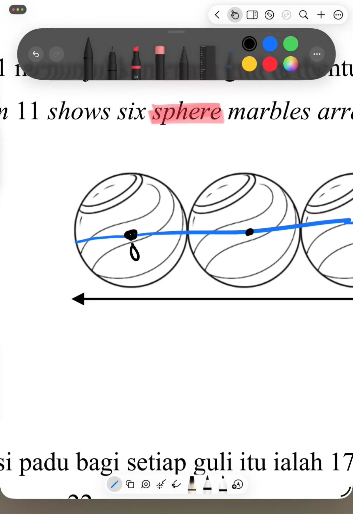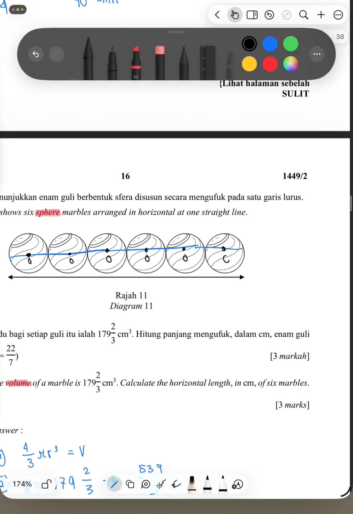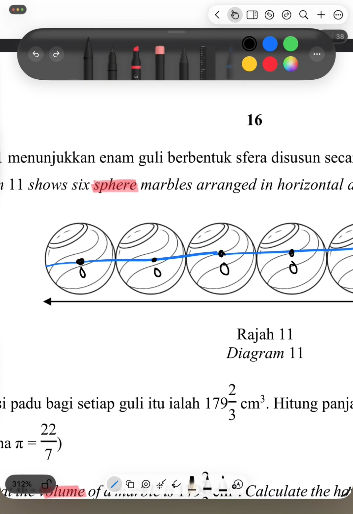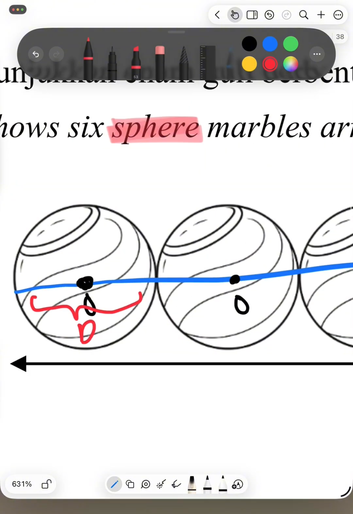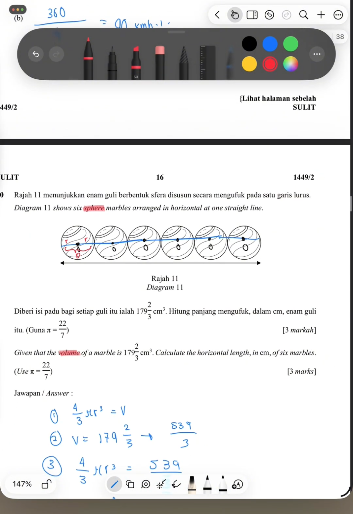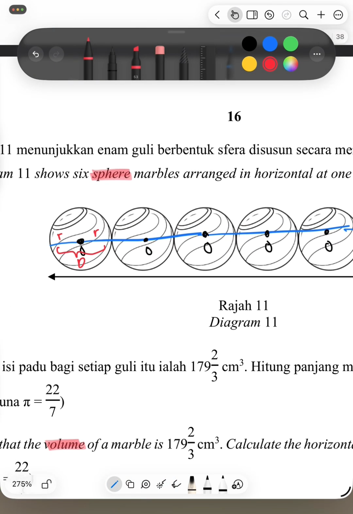Okay, I'm just going to make this as our center. This whole length is the total diameter of these spheres. And diameter is this whole thing. What we found was only the radius, meaning it's this. So we need to take radius times 2.